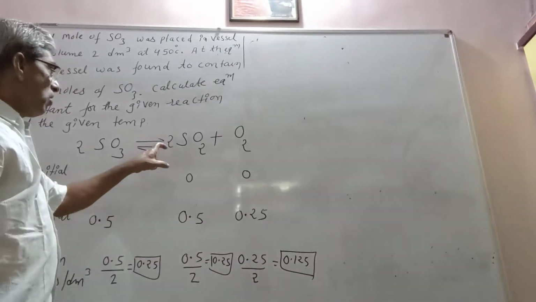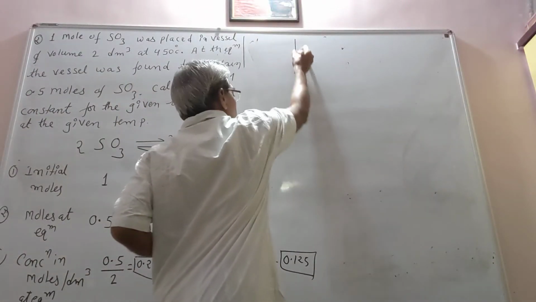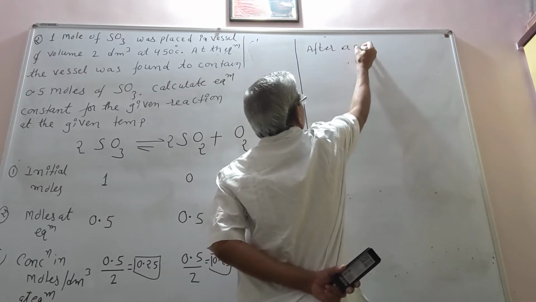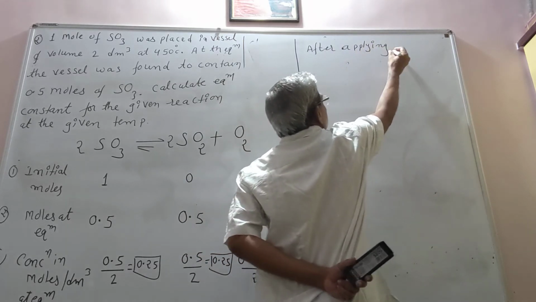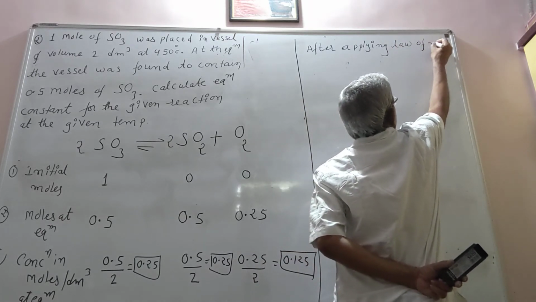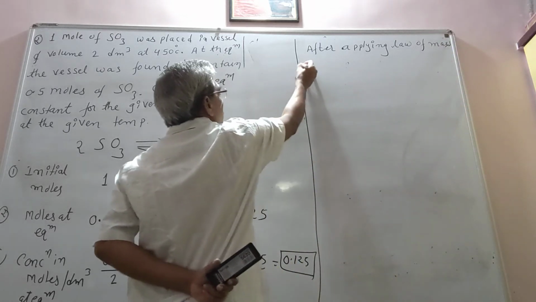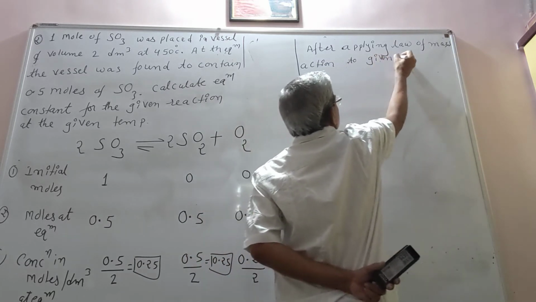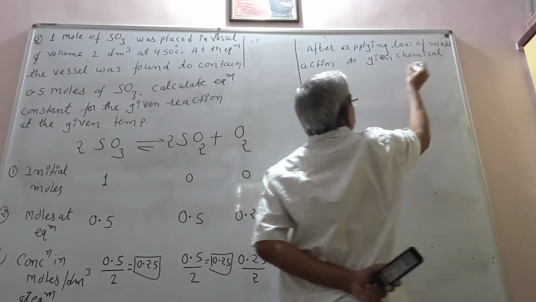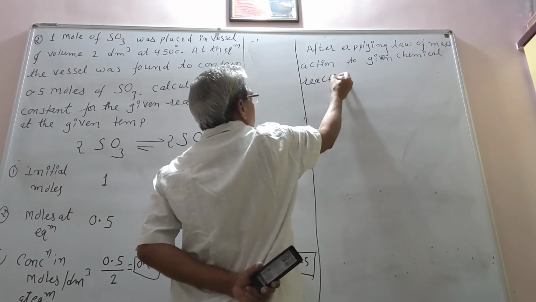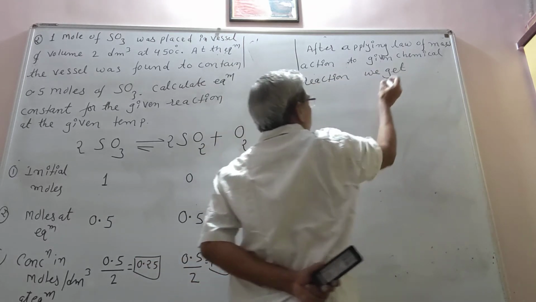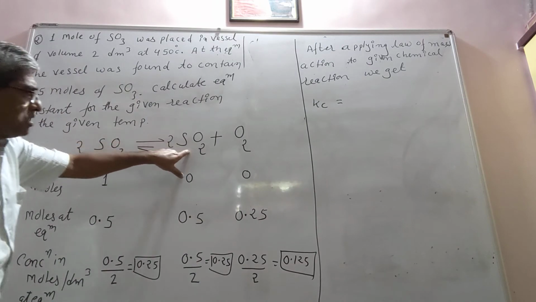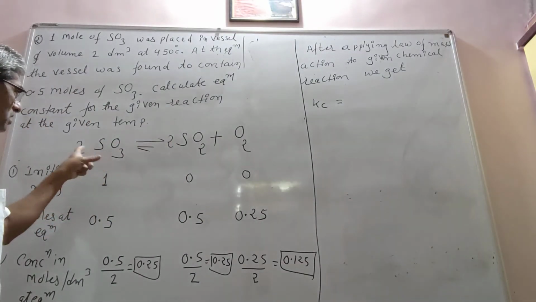After applying the law of mass action to the given chemical reaction, we get the equilibrium constant equal to the active mass of these two raised to their moles over the active mass of this raised to its moles.